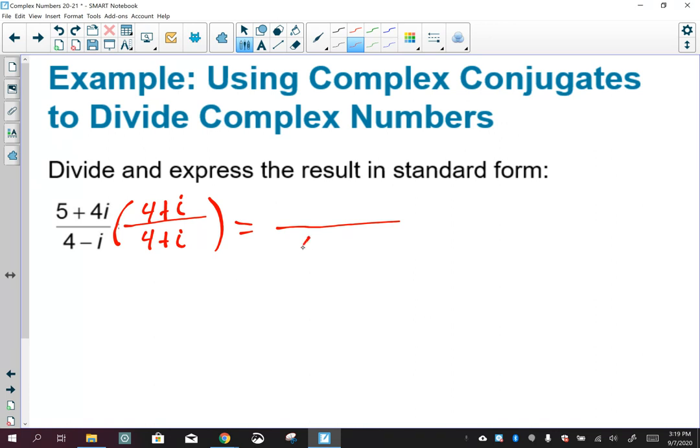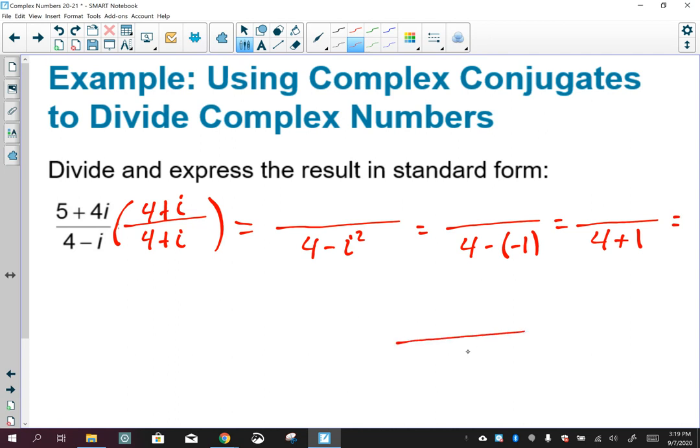You wind up with 4 minus I squared. Remember, I squared is negative 1. So you wind up with 4 minus a negative 1, so that gives you 4 plus 1. We're going to wind up with something over 5.